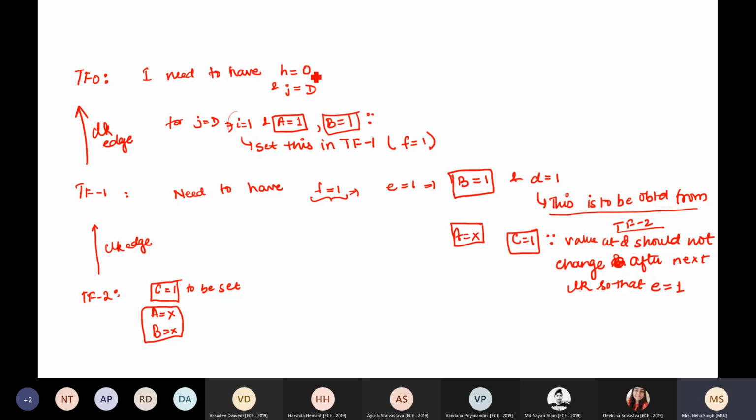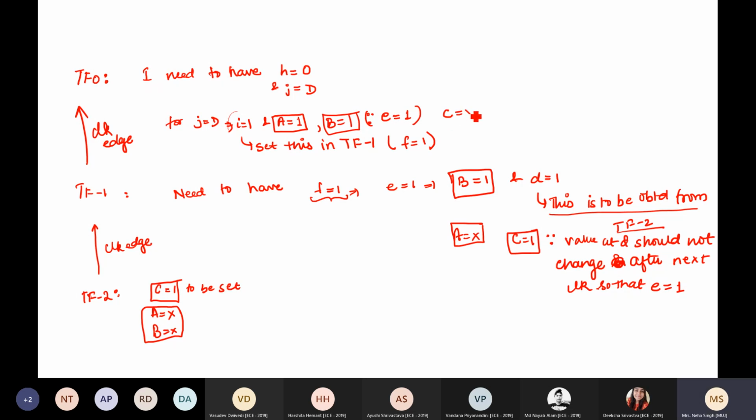So when will H be 0? When G is 1, or E is 1. To keep E at 1, B has to be 1, right? Since B has to be 1, since E should be equal to 1 during this clock cycle. Fine.